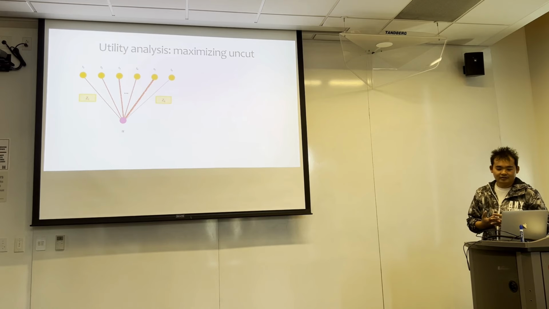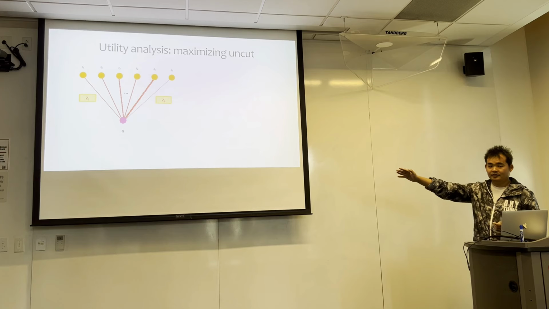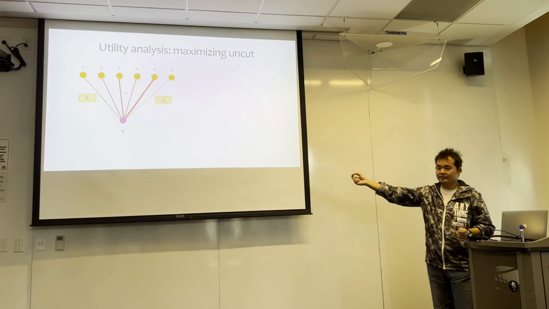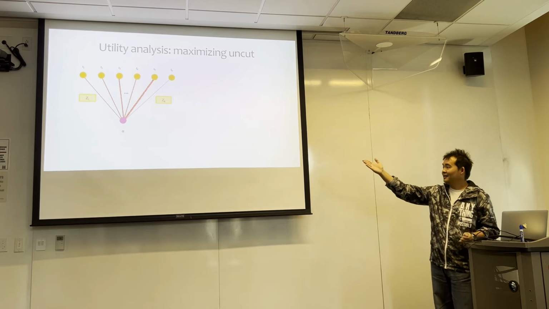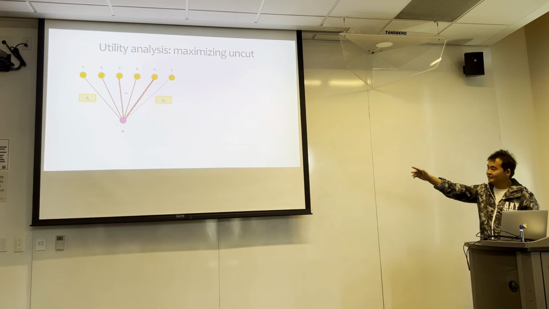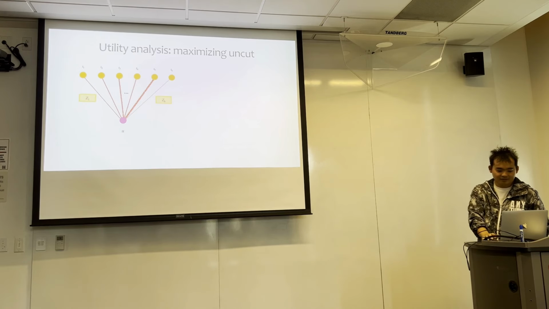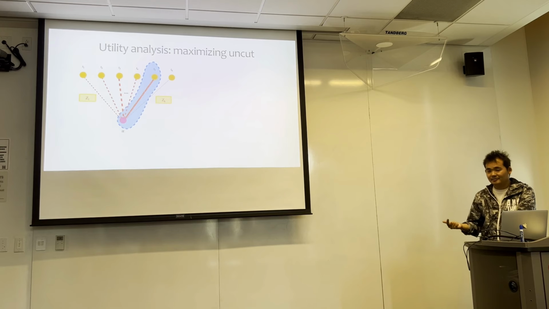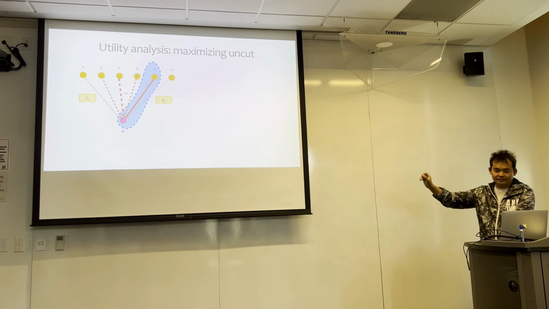Okay, so now we look at an example of a star graph. In this star graph, there is only one non-terminal U and k terminals from T1 to Tk. It's pretty easy to verify that each multiway cut in the star graph has k minus 1 edges, because you have to remove this many edges to disconnect all terminals.